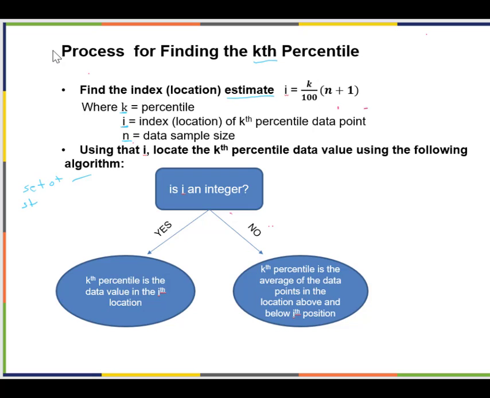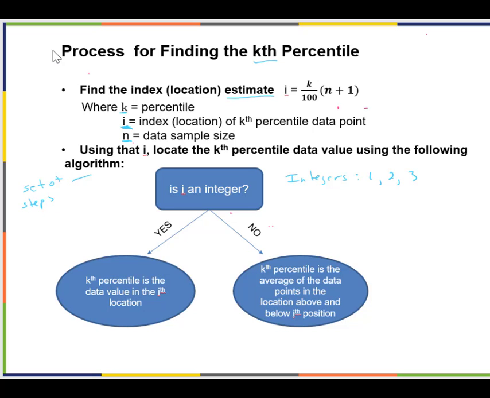It's like a recipe. So is i, which is my index here, an integer? And just to remind you, because these are locations, they're going to be positive. So we're looking for integers that look like this: 1, 2, or 3.